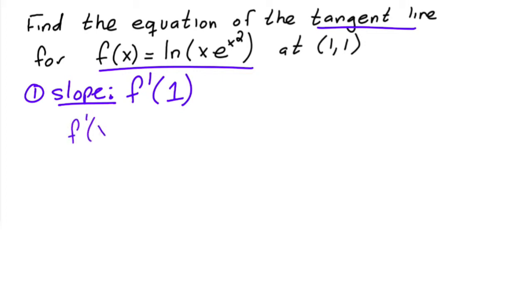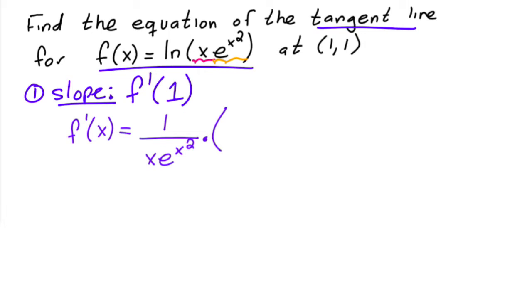f prime of x is equal to, now the derivative of natural log of this stuff is 1 over the inside by the chain rule, x e to the x squared, times the derivative of the inside. Now when I get into the inside, I have to use the product rule.